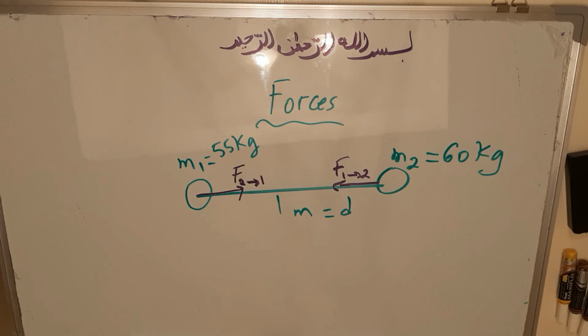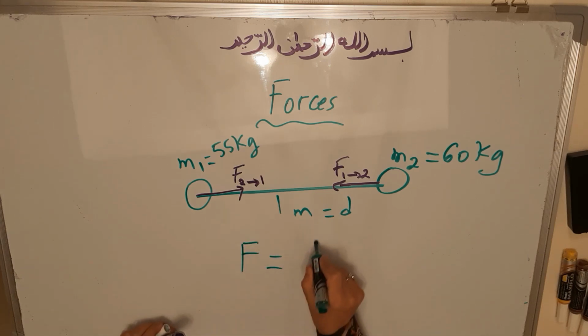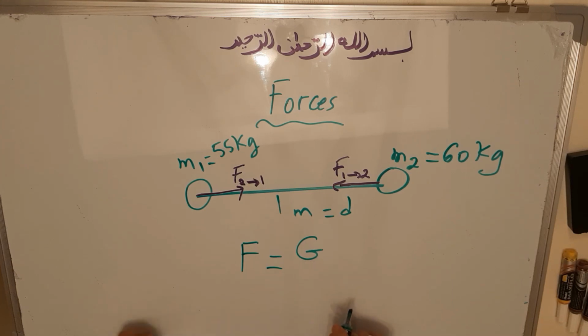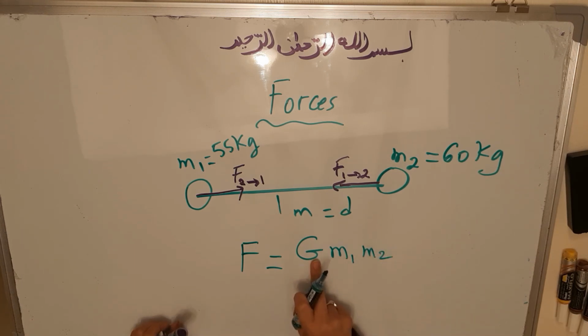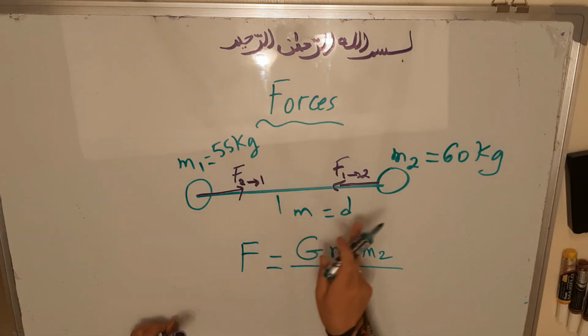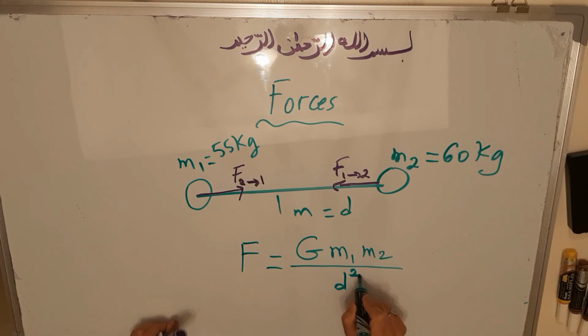So the gravitational formula for the force is going to be G, the gravitational constant, times M1, times M2. So what am I doing here? I'm taking G, multiplying it by M1, multiplying it by M2, and then dividing it by the distance between the two masses squared.